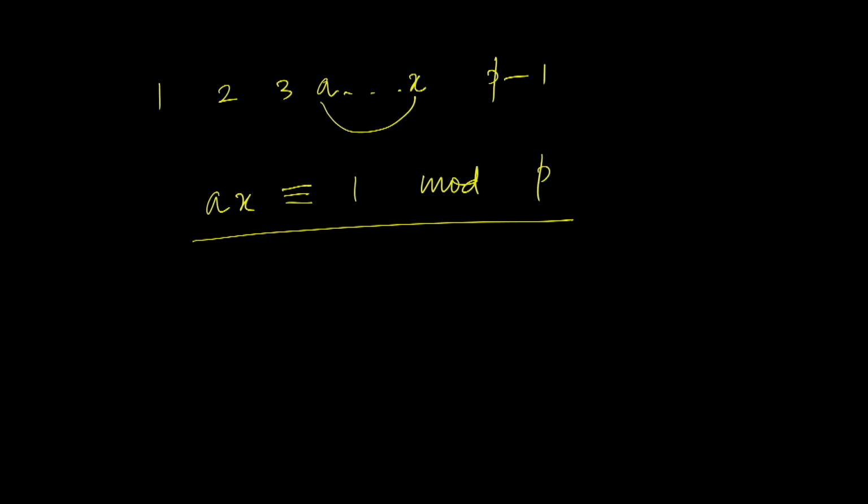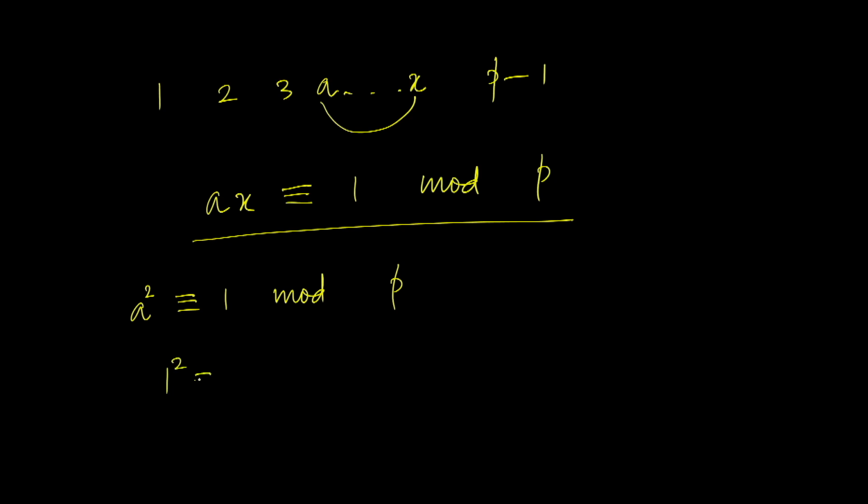But then could A and x be the same? If A and x are the same, we have A squared equal to 1 mod P. There are two A's which satisfy this.